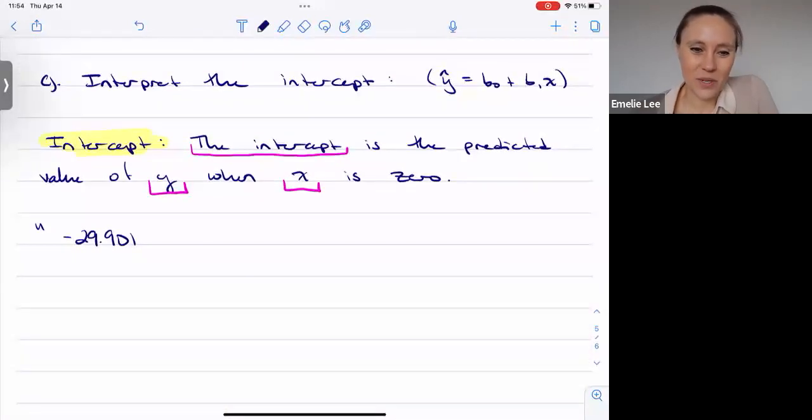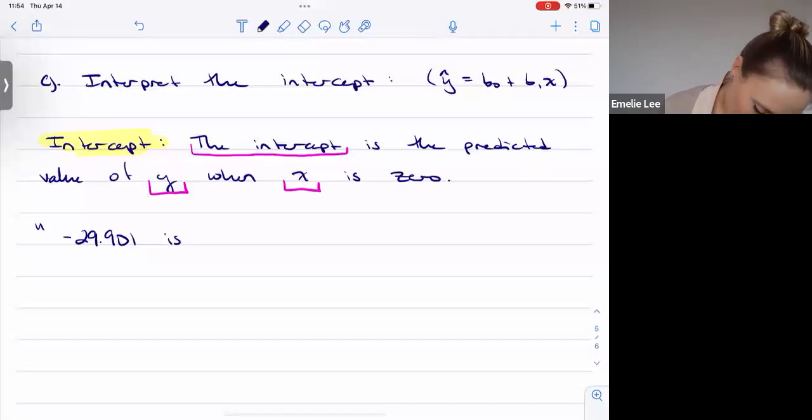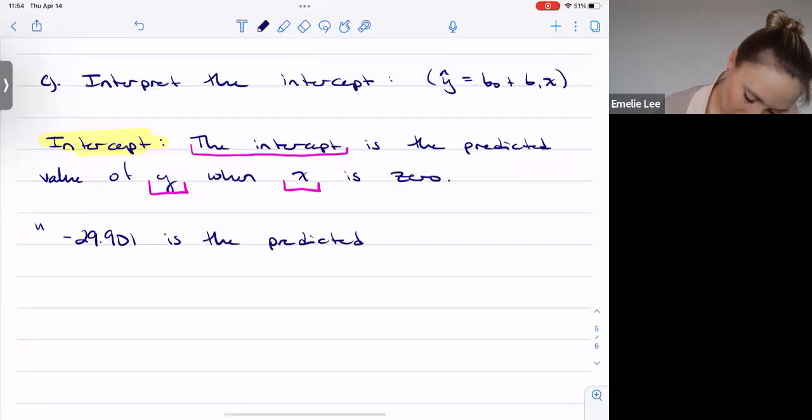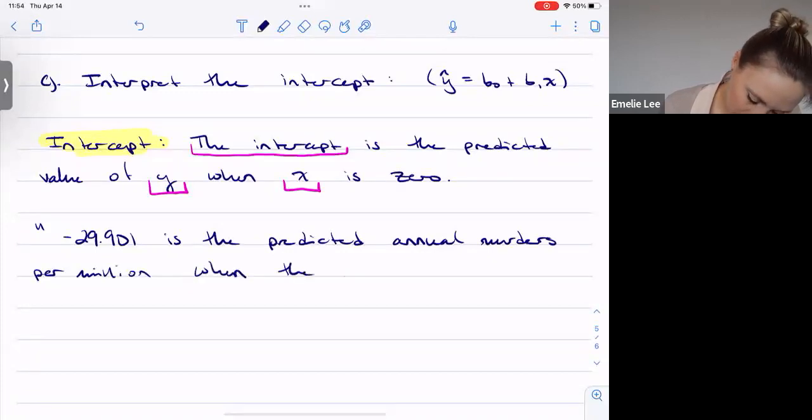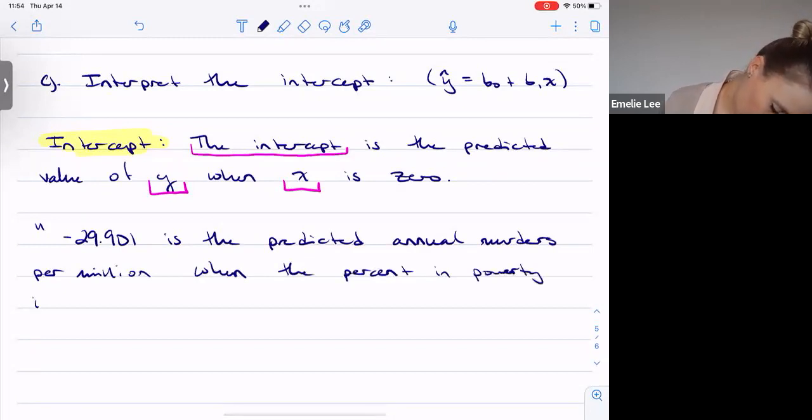Negative 29.901 is the predicted annual murders per million when the percent in poverty is 0.